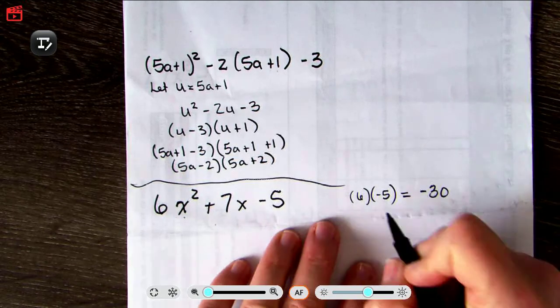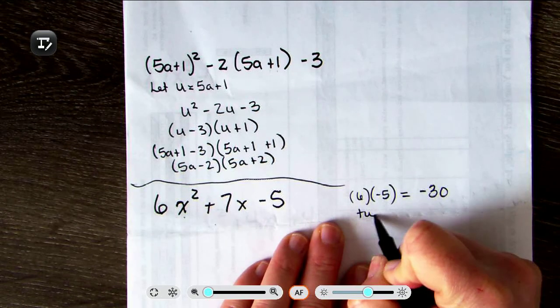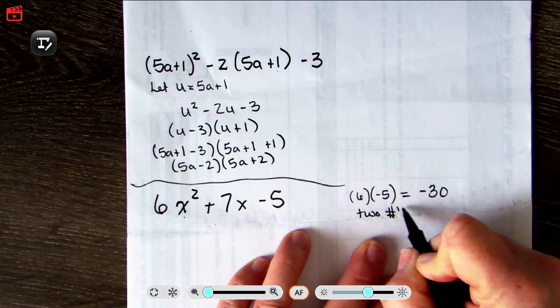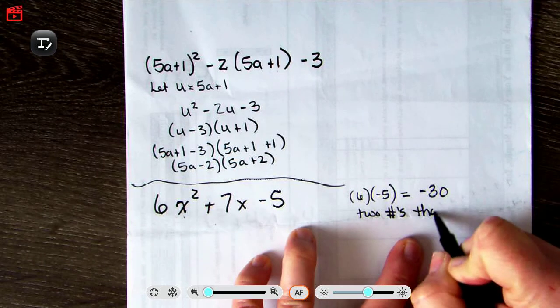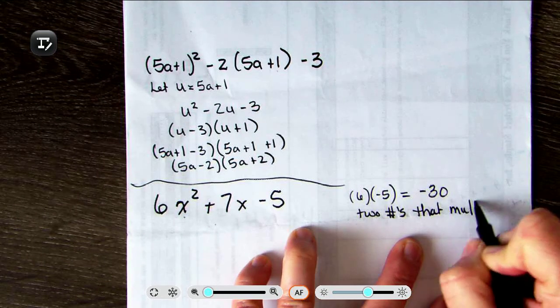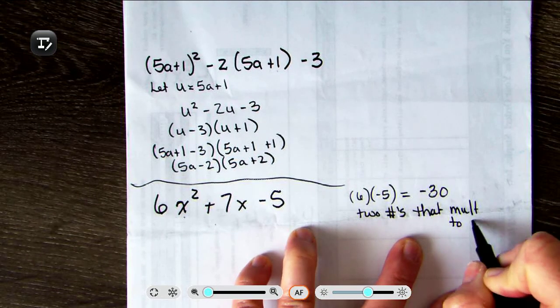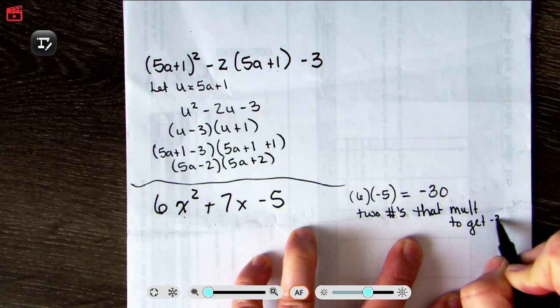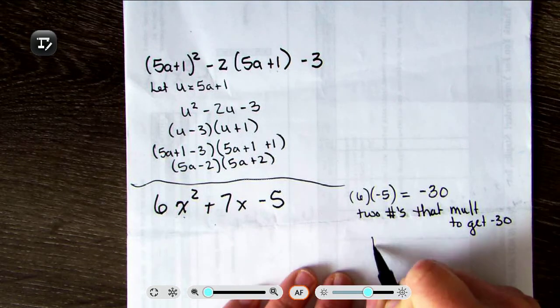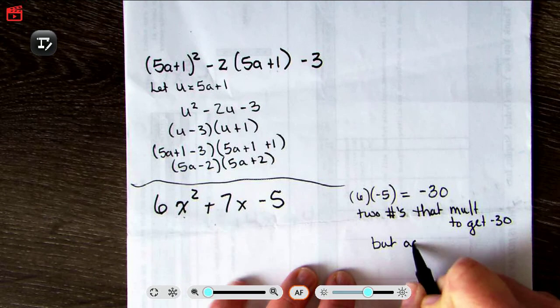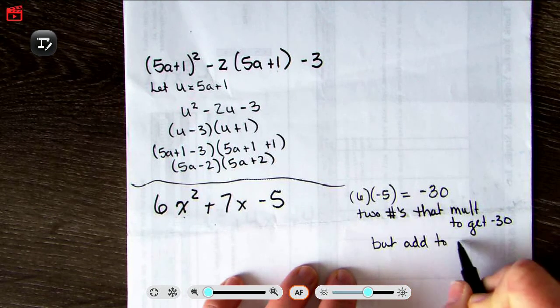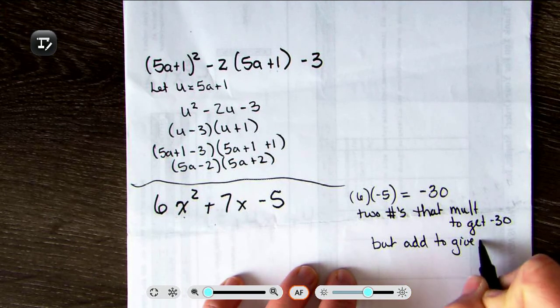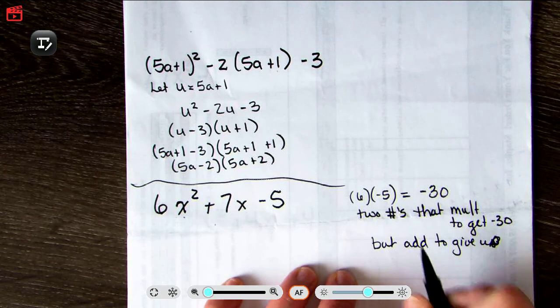And now we want to find two numbers that multiply to get negative 30, but add to give us 7.